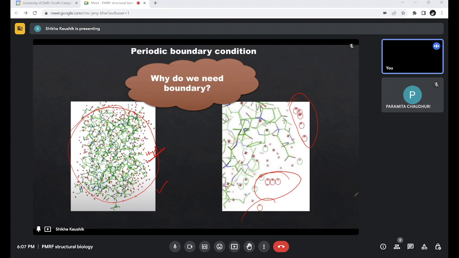Once we remove them, we have a system that can actually mimic the exact scenario of a protein. To understand the actual scenario, we need to set a boundary and remove all the extra water molecules present in the structure. That's why it is very important to have a boundary.